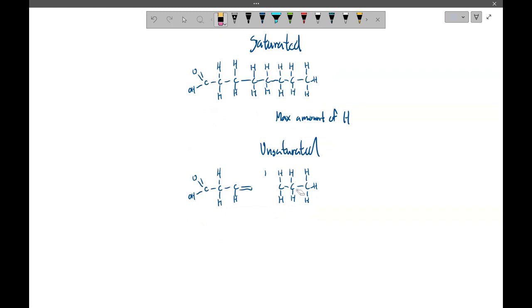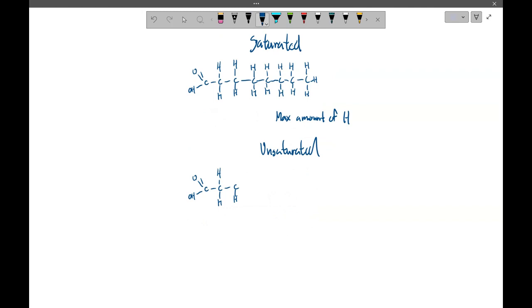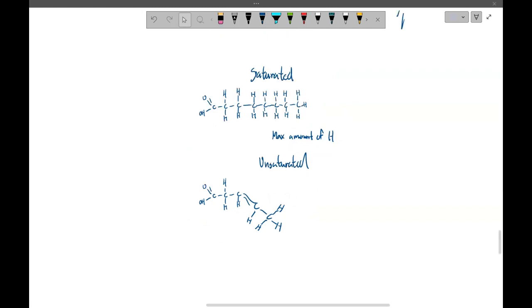If you have an unsaturated fatty acid, it tends to be bent. So you'd see something like this. And the reason is because it's unsaturated, it puts a kink into the structure due to the carbon's double bond.